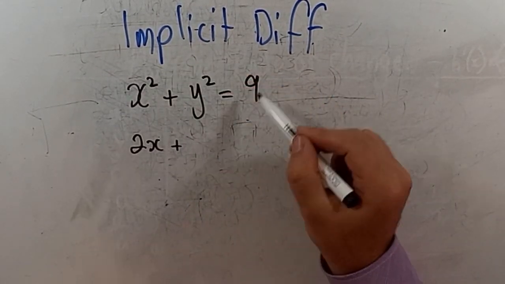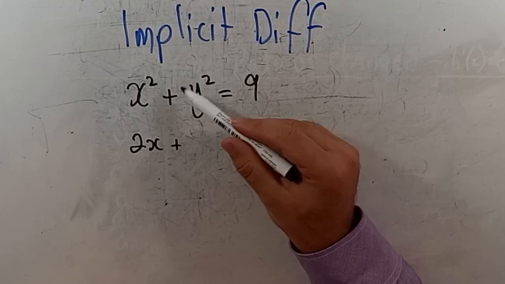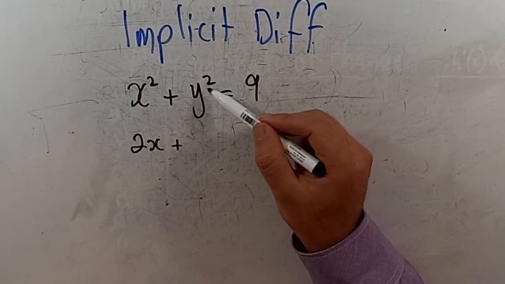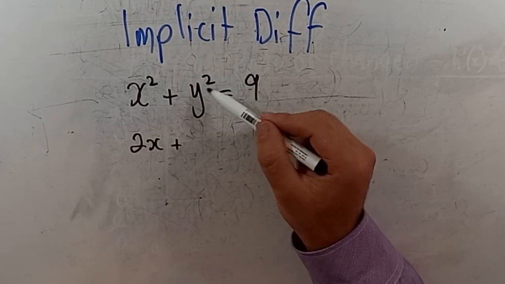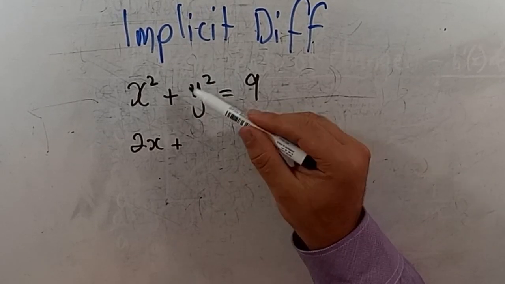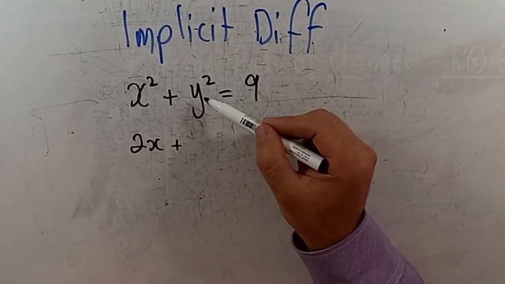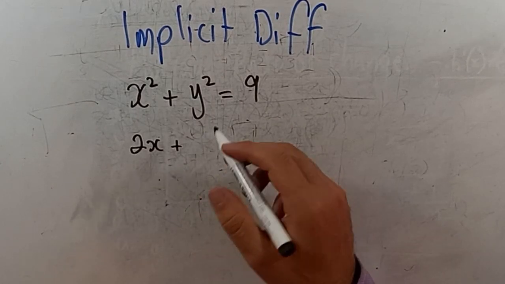Now, how do you differentiate a function of y when you know y is a function of x? How do you differentiate this with respect to x? The key is the chain rule.